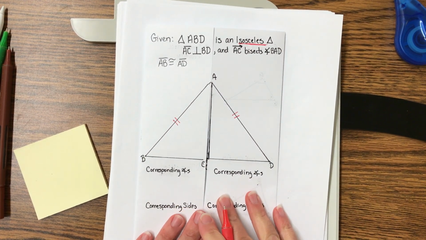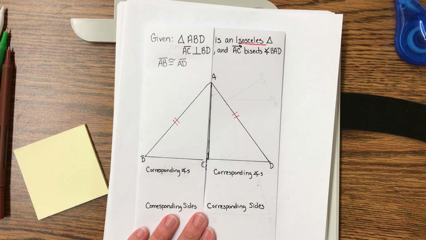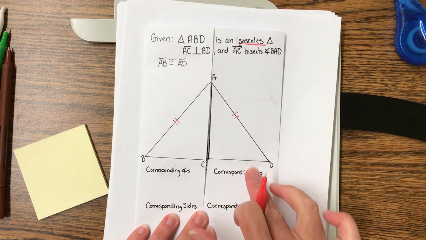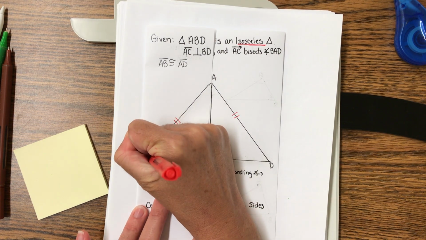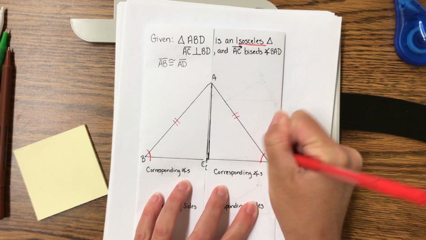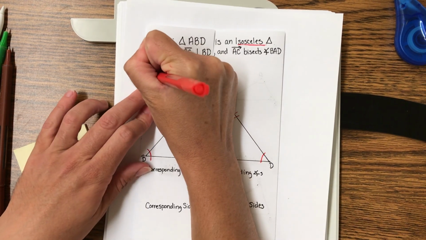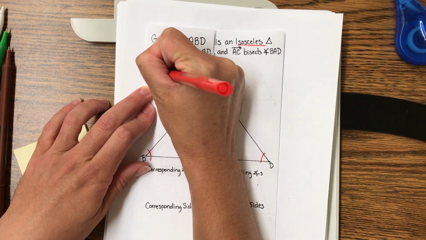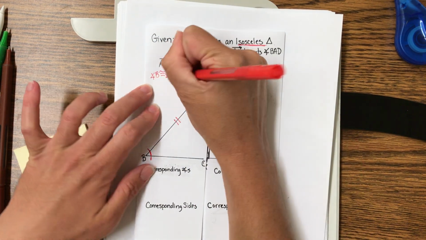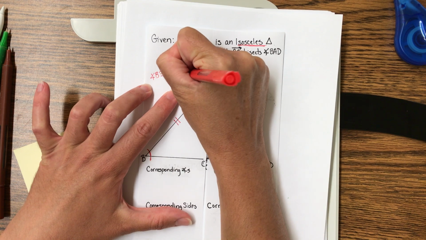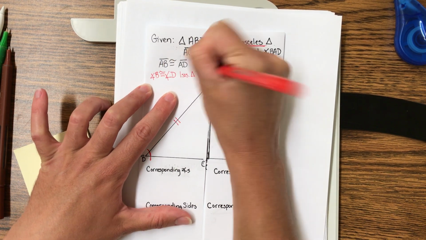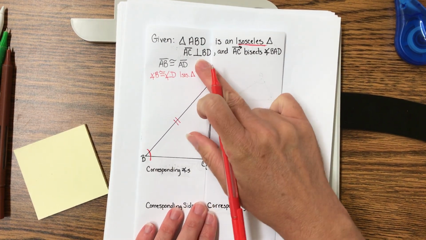So using the isosceles triangle theorem, which says if two sides are congruent, then your base angles are also congruent, what that leads me to know is that angle B is congruent to angle D. And again, that is by my isosceles triangle theorem. Now let's talk about perpendicular here.